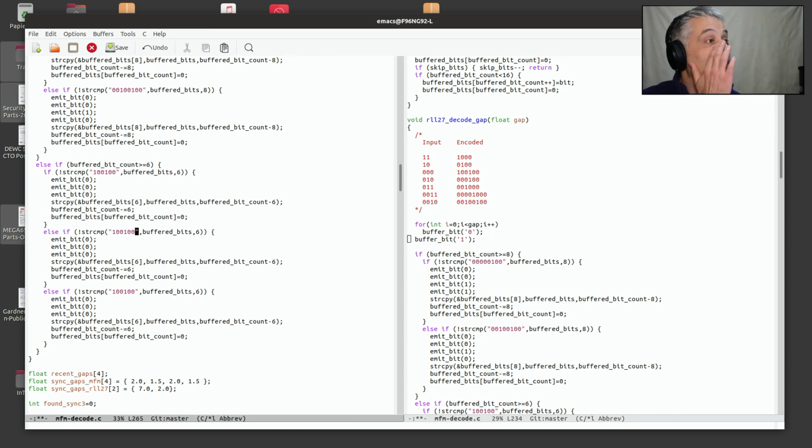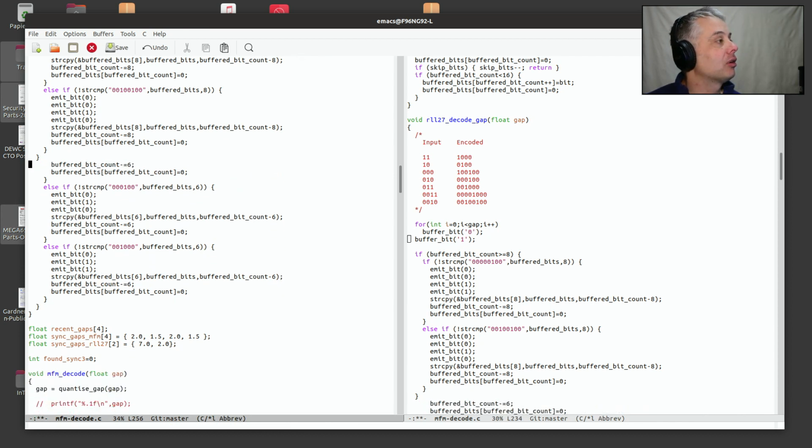What was the next one? We drop that leading one to a 0, and then that gives us 010. And the last one is 011, and that gets us that. Okay, so now we do the two 2-bit codes.